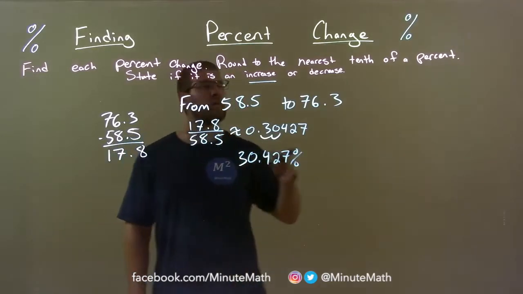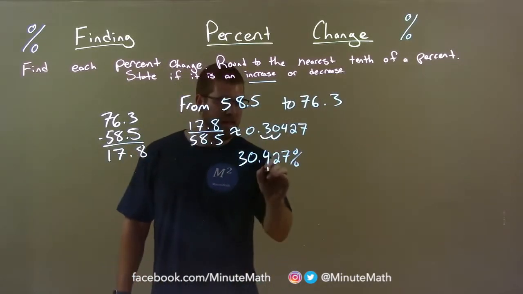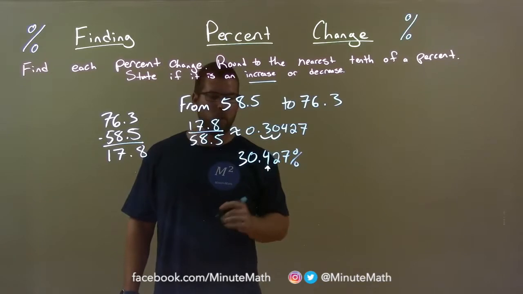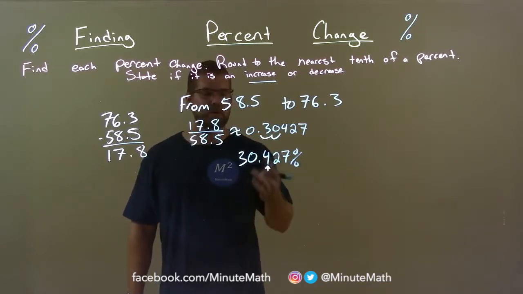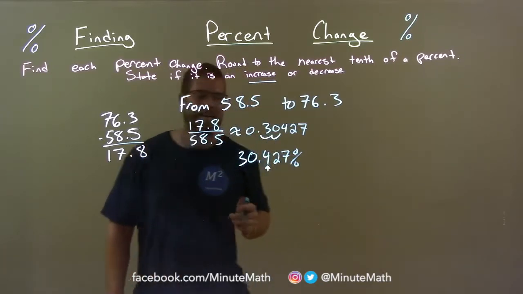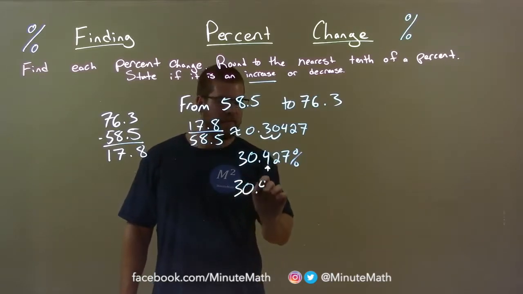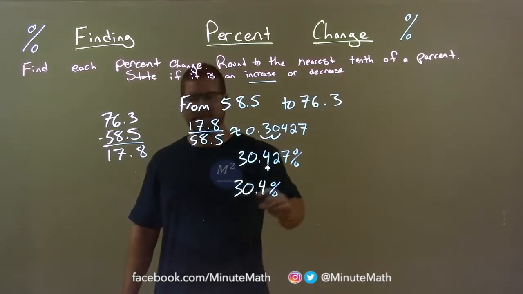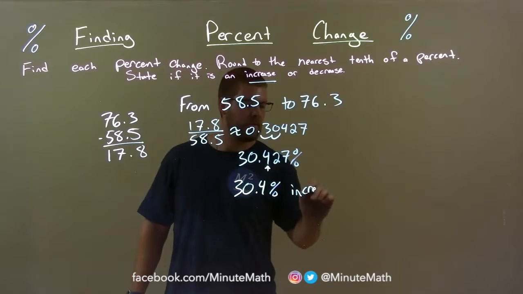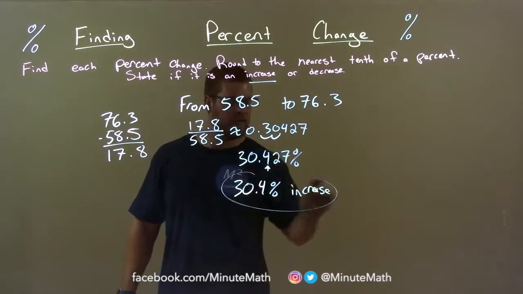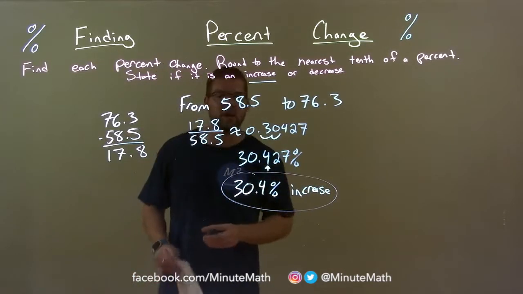Now, when you told us round to the nearest tenth of a percent, that's right there, that 4. Look to the right, there's a 2. 2 causes the 4 to stay where it is. 30.4%. We already said it's an increase. And there we have our answer, 30.4% increase.